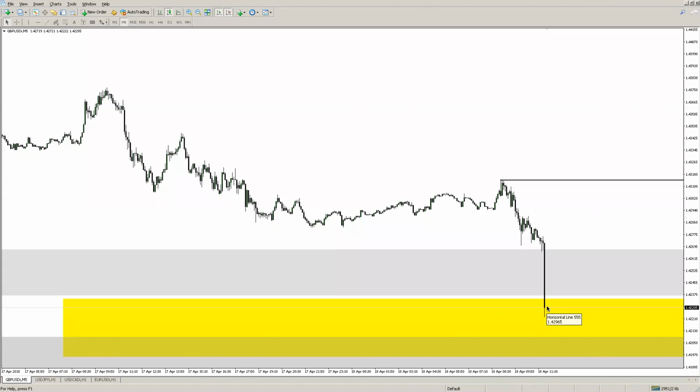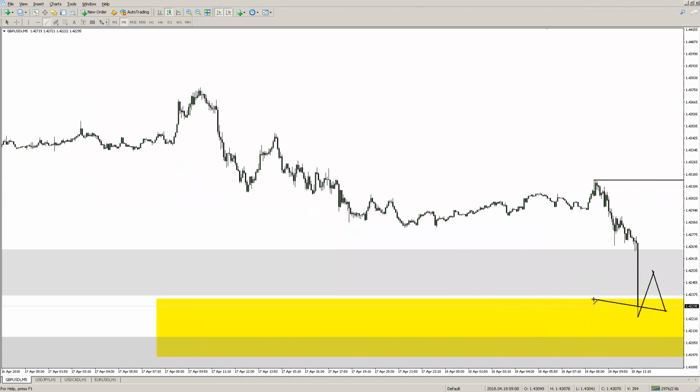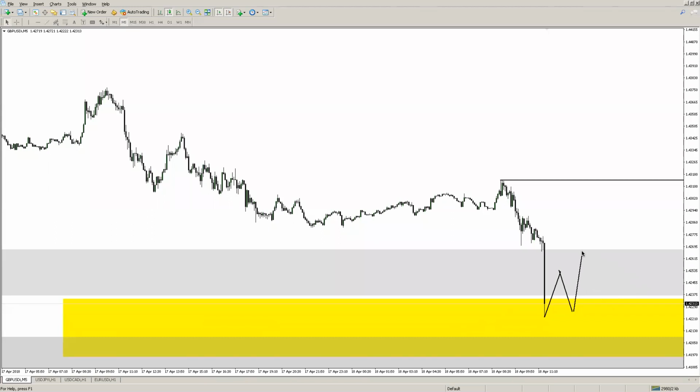I wait for it to prove it to me, right? So just remember what we're looking for in terms of market structure. We're looking for, say this is the low, we're looking for a push up, higher low to form. Still not going to enter here. Going to wait for that break.